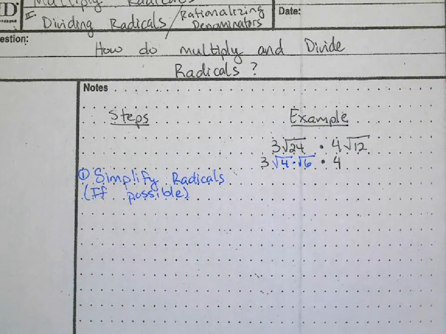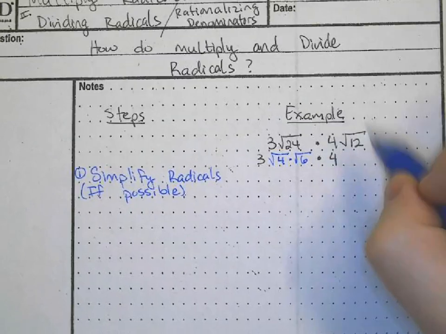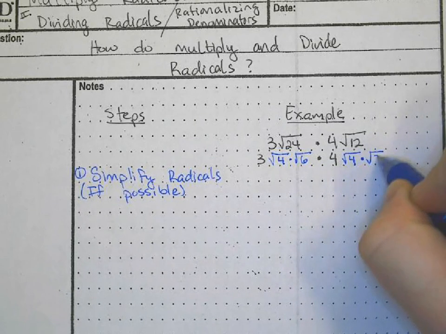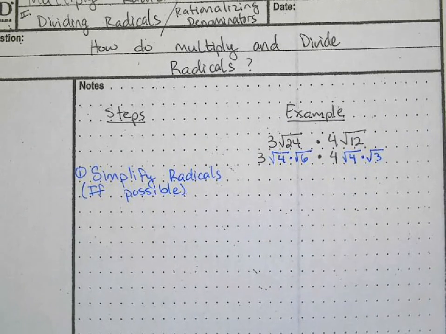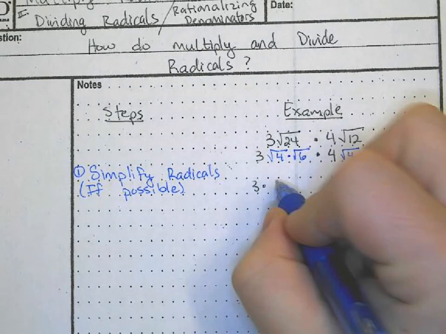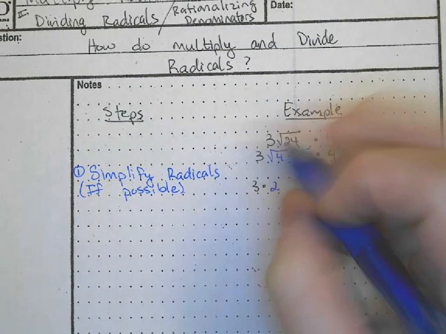And then we're going to do the same thing with 12, where we're going to split it up into its perfect square factor and its other factor. So that would be root 4 and root 3. So now this becomes 3 times, I can simplify the square root of 4 to 2.